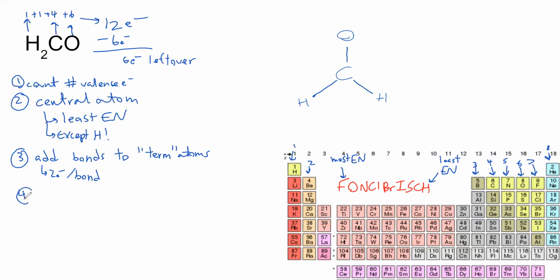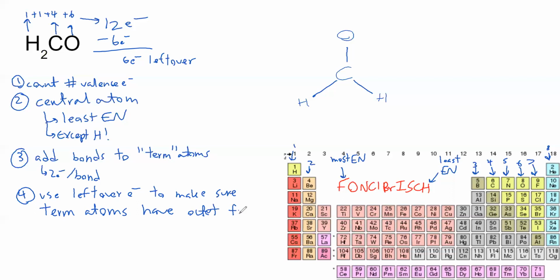The next step: how are we going to spend these 6 electrons? We're going to use leftover electrons to make sure that these terminal atoms have their octet filled. So let's go ahead and spend them.